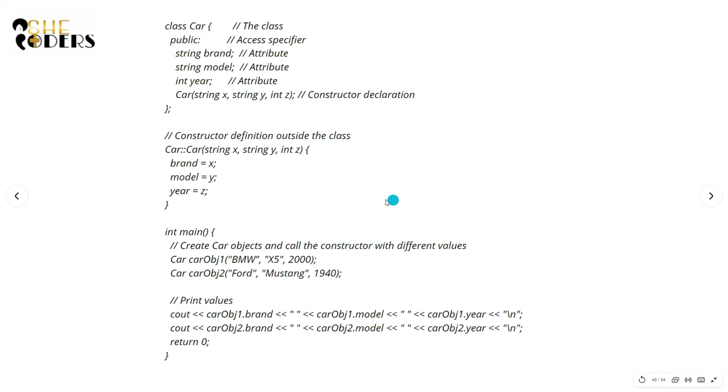Here, the same way as I told you for any class methods, we can define it inside the class as well as outside. Here I have given the constructor definition outside the class.